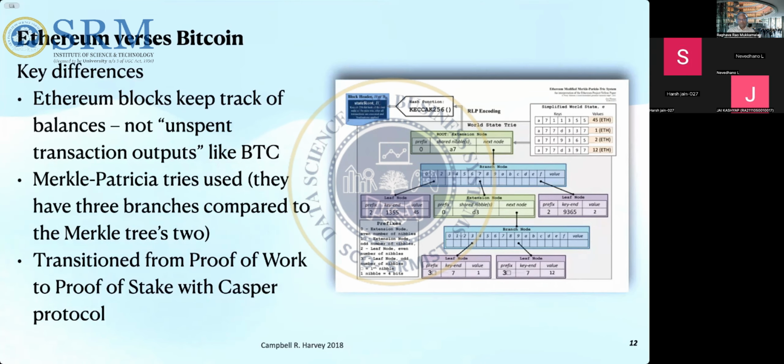And yeah, some of the key differences if you look at Ethereum versus Bitcoin. One important thing is, remember when we were discussing Bitcoin, how the transactions, the coins and the monetary values were arranged, right?